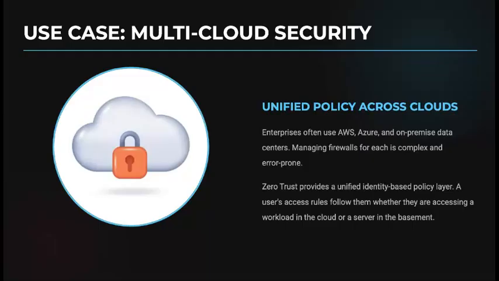The same set of access rules are constantly applied whether that financial data sits in an AWS S3, a local server, or an Azure SQL database. This drastically reduces the complexity of security operations and minimizes the risk of human error across distributed infrastructure.